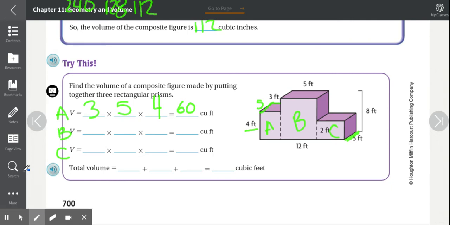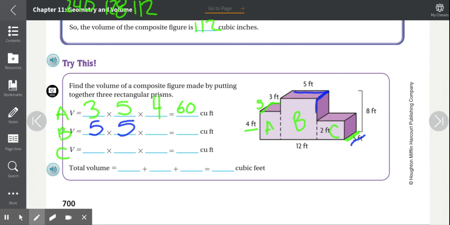Next, let's find the volume of rectangular prism B. We're going to start with the length. The length is right here, and we already have that information. We know that that is 5 feet. We have the width. This is using these same congruent lines. We know that the width is 5 feet. That does not change. Next, we have the height.